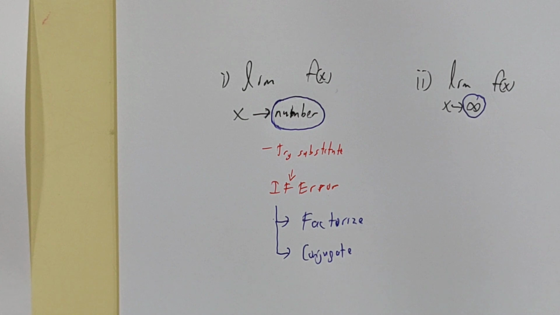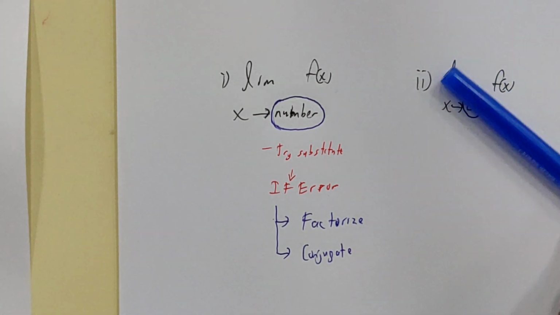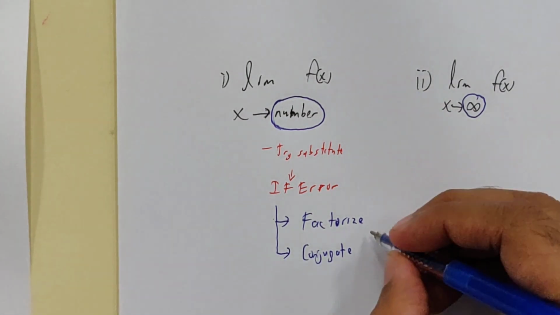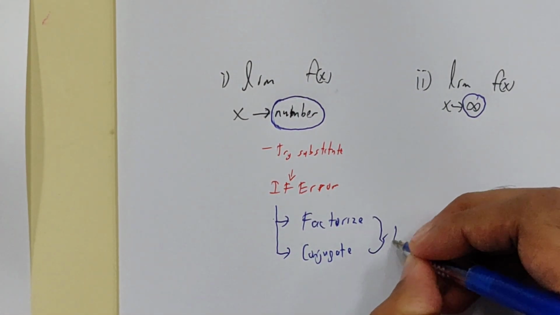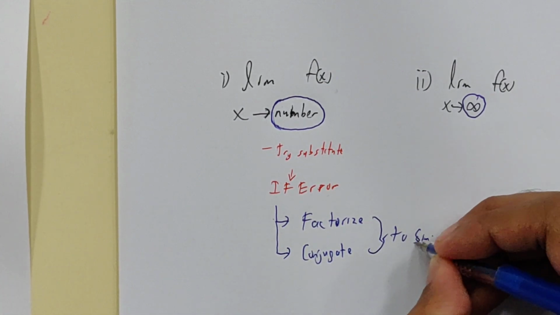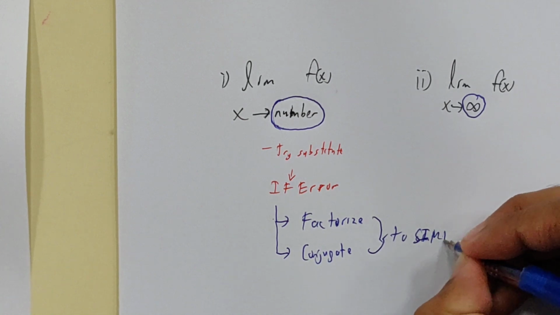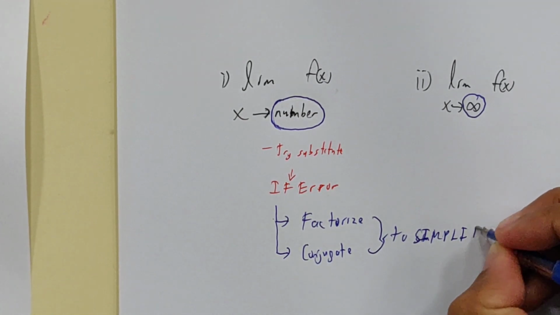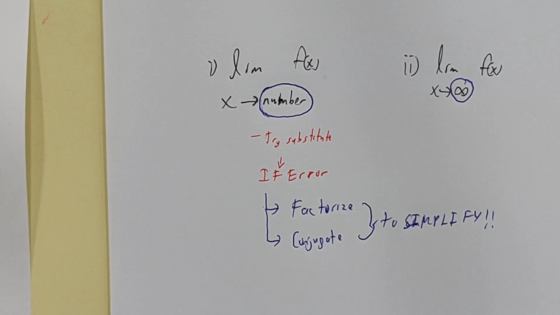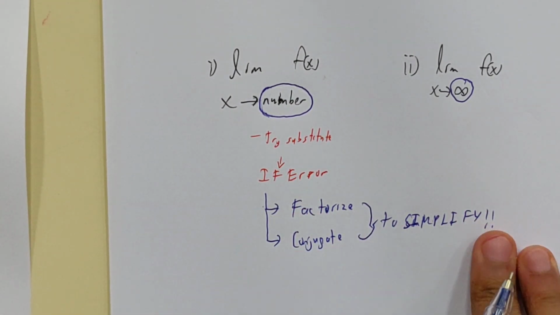But then again, for this topic, why we factorize, why we conjugate, our main idea is to simplify. Later I'll show you more examples. You factorize, you conjugate because you want to simplify.